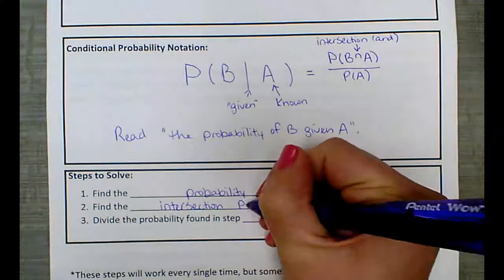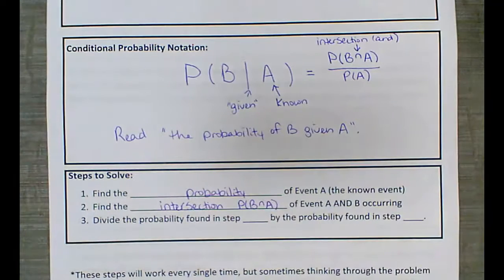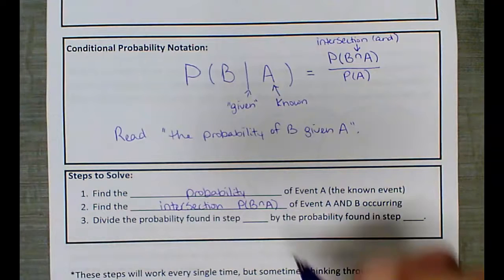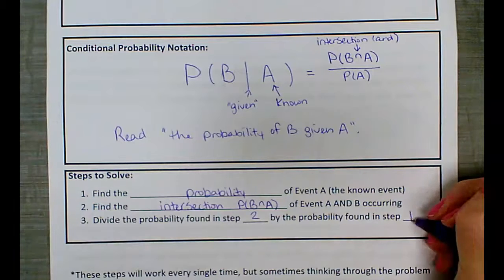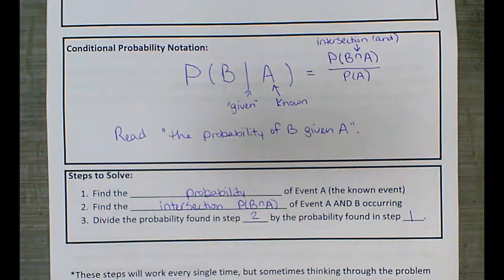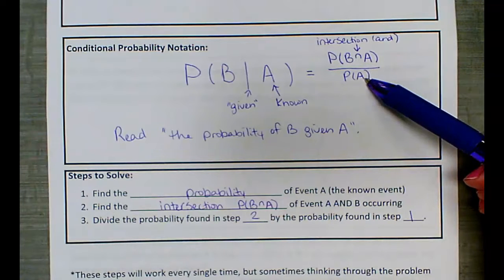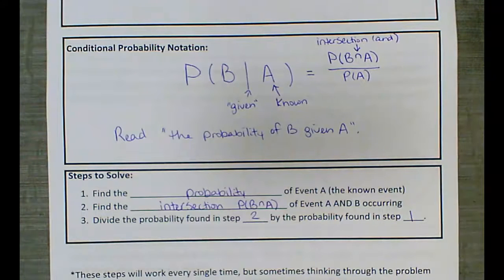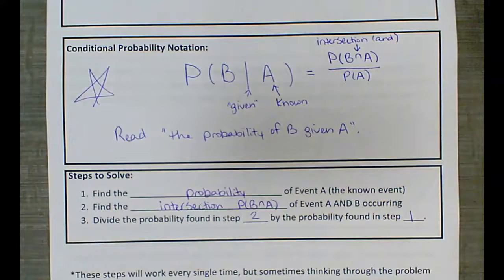So the probability of B and A, that intersection. And then you want to divide that probability found in step 2, that intersection, by the probability found in step 1, which is the probability of the known event. So intersection divided by probability of known event. This is the formula. So if you were going to memorize one thing from the notes today, this would be it.